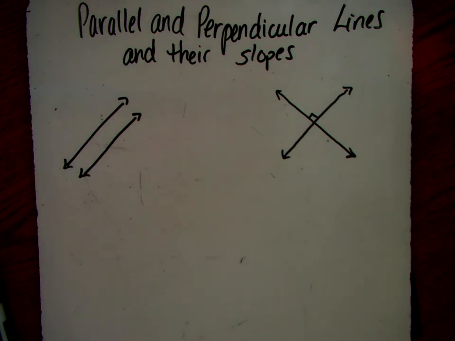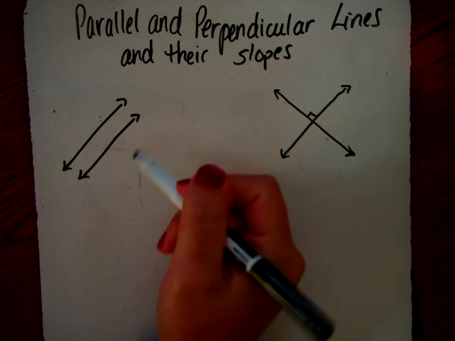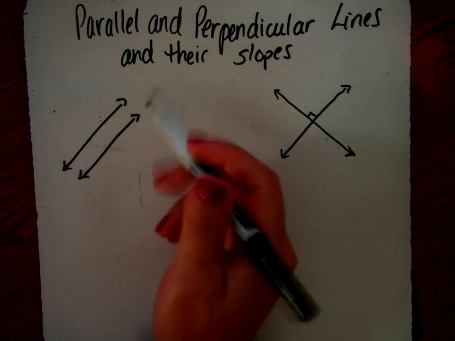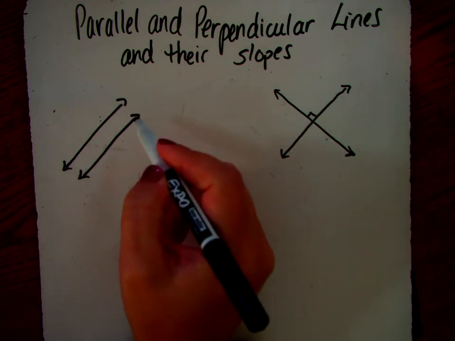Hey guys, we're going to do a short video on parallel and perpendicular lines, and we're going to talk about their slopes. So on the left-hand side, these are parallel lines, okay? They go on forever, they will never touch. These lines will have the same slope.